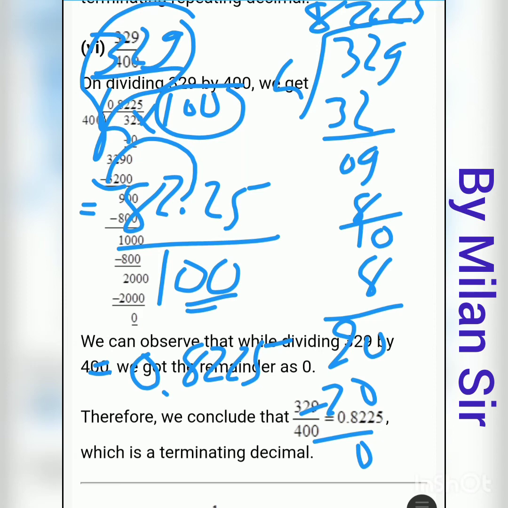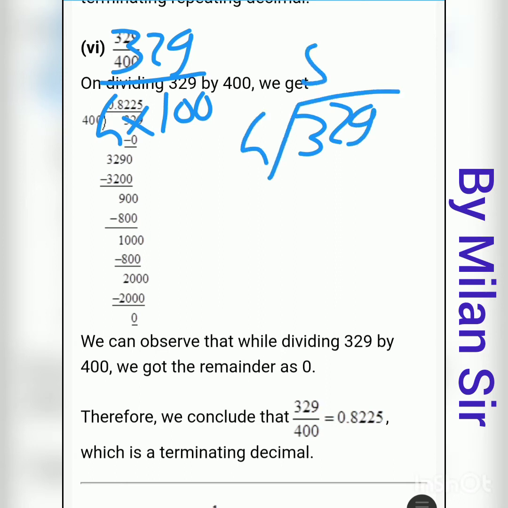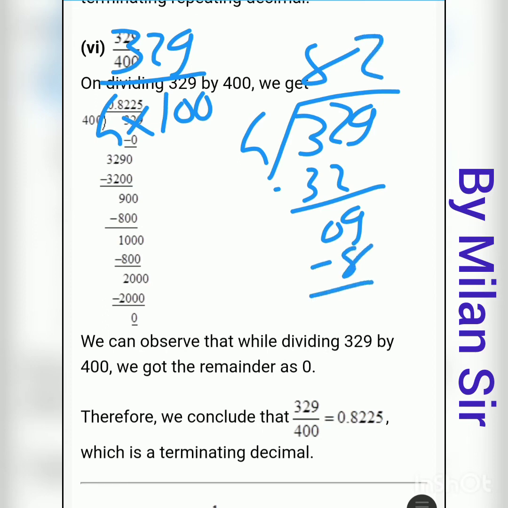That means first of all divide 329 by 4. After that, we need to transfer our decimal point two digits to the left, because in division we have two zeros. So 329 divided by 4 multiply 100. First divide 329 by 4. 4 8s are 32. Remainder 0, then 9 is remaining. 4 2s are 8, 1. Now we cannot divide 1 by 4, so here we need to put decimal point.